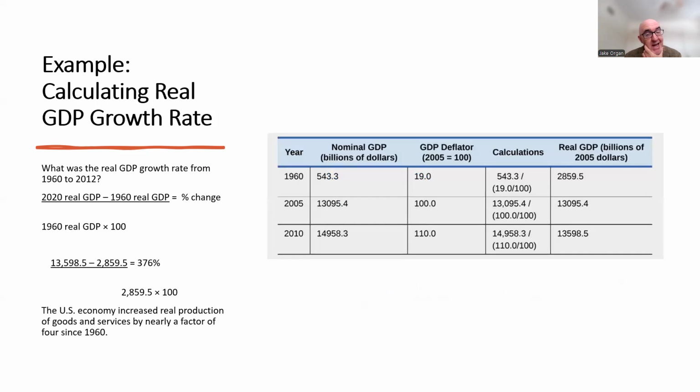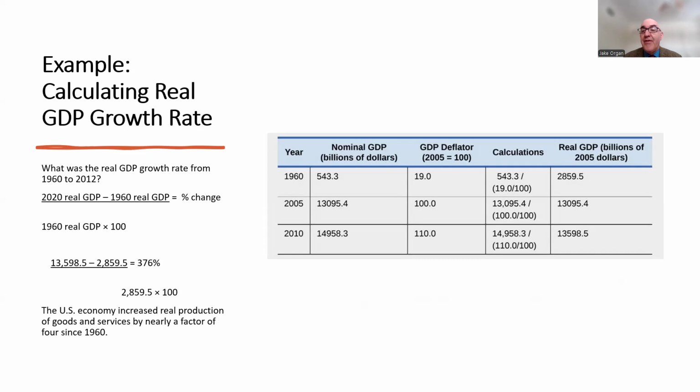Now, here's another calculation. This is all a little bit about calculations this week. It's a little bit difficult to teach you these things. You just got to do them yourself to a certain extent. It's to think about what's the change in the real GDP growth rate.